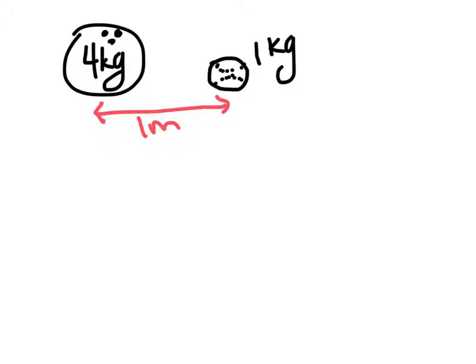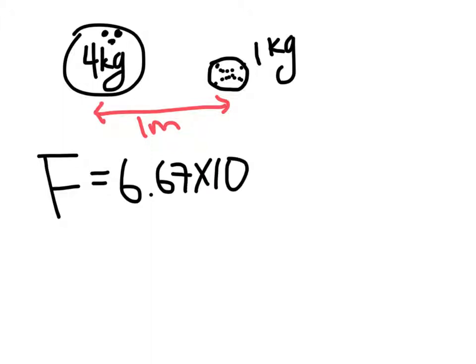So this is the way it would go. The gravitational force between these two objects. And you say, what? Gravity between a baseball and a bowling ball? I don't believe it. Yes. We'll calculate it. The force will be very small. So the force ends up being big G, 6.67 times 10 to the negative 11. It's called the universal gravitational constant because it is always like that.